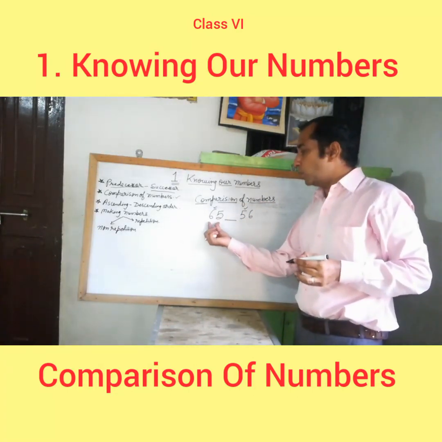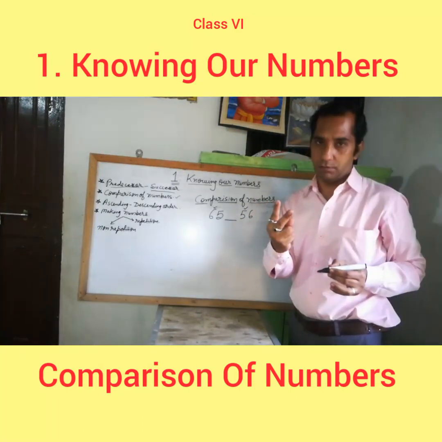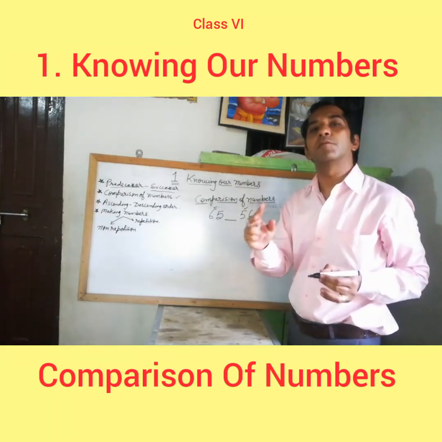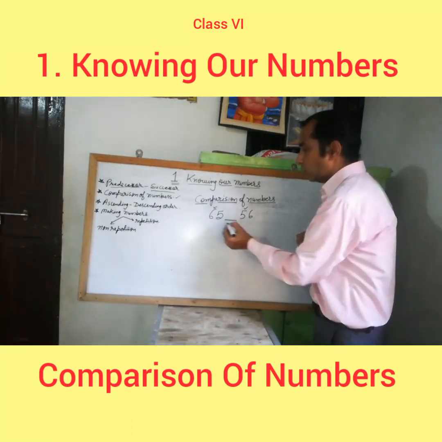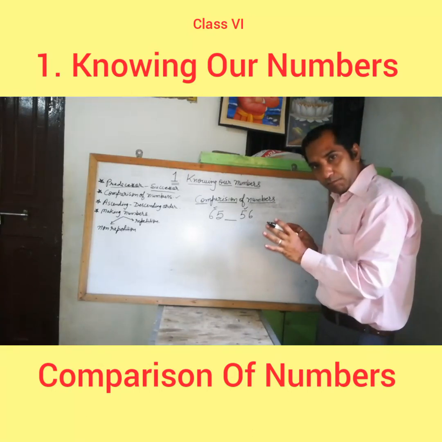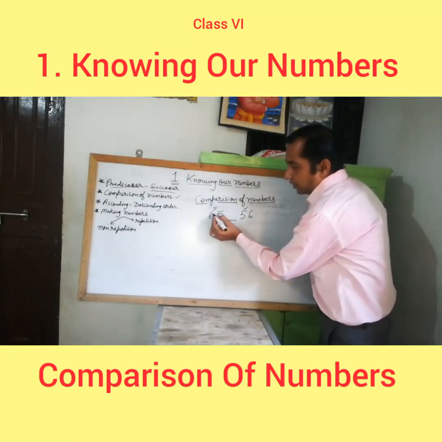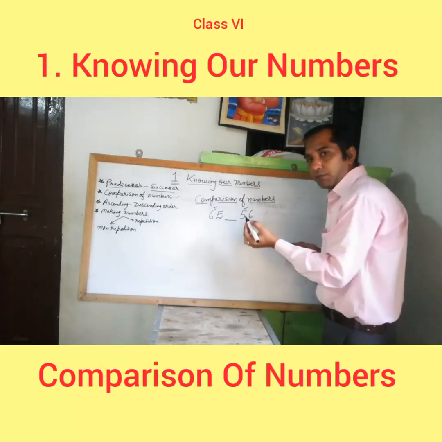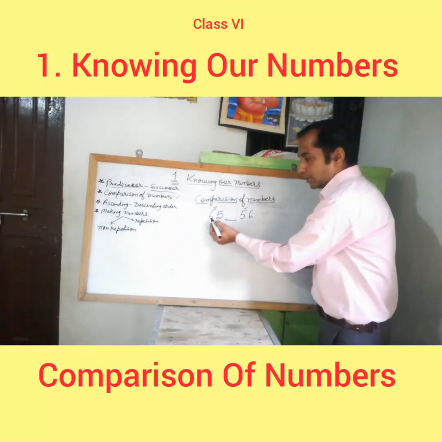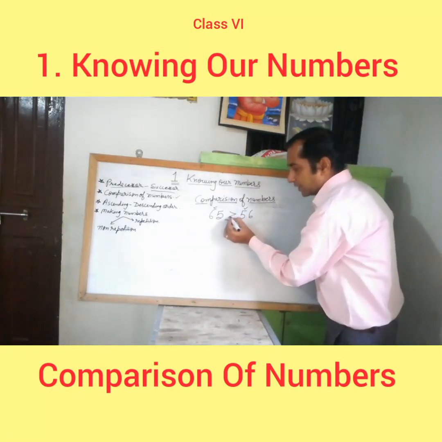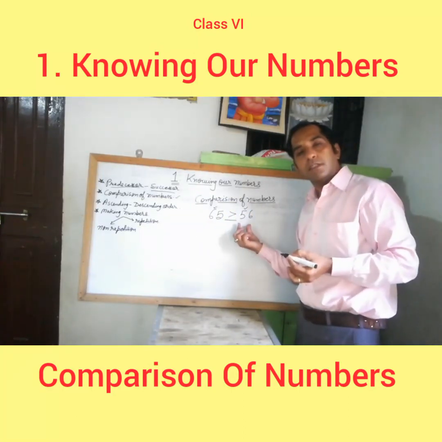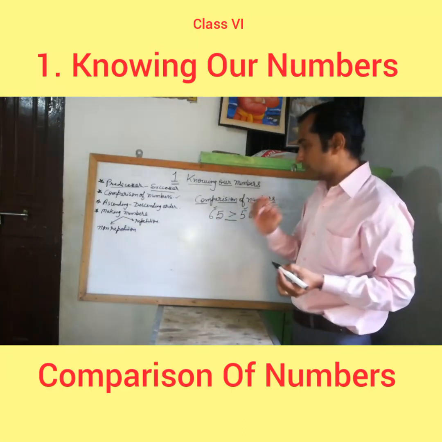Because both numbers are of 2 digits. So if the digits are the same, we take the first digits, 6 and 5. And we obviously know that 6 is greater than 5, so we can say that 65 is greater than 56.